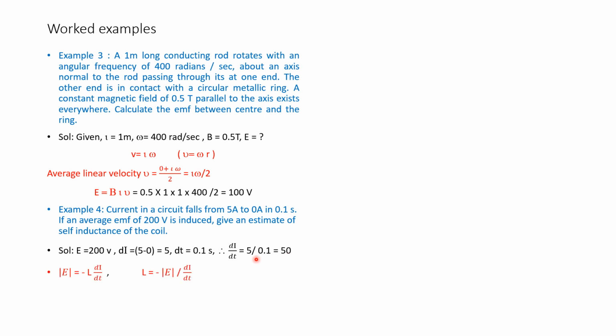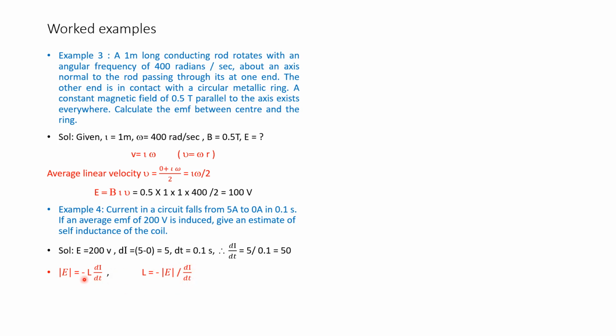We also know the equation: mod EMF is equal to minus L di by dt, that is, L is equal to minus E divided by di by dt. The entire di by dt is taken to the denominator.